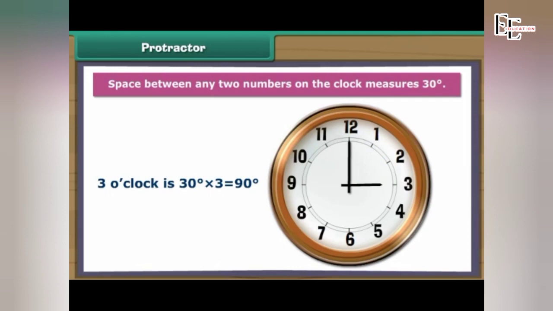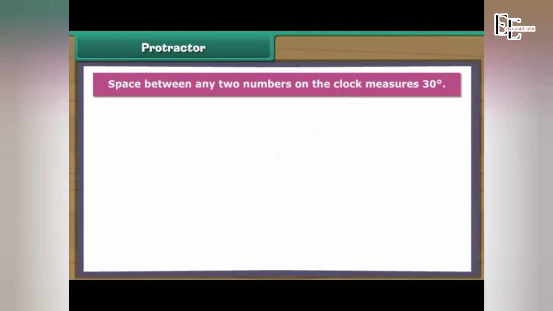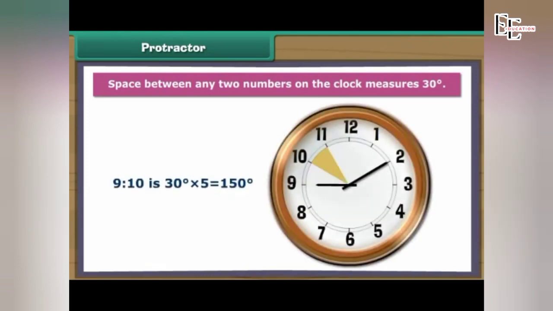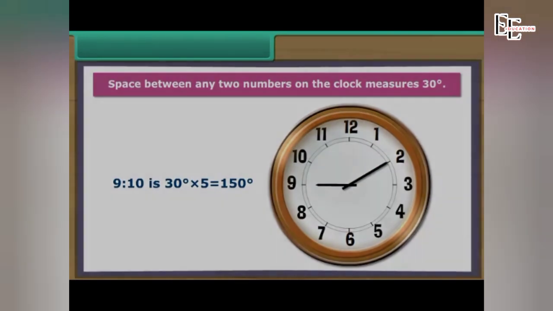By this logic, we can measure 3 o'clock as 30 degrees multiplied by 3 is equal to 90 degrees, 20 past 6 as 30 degrees into 2 is equal to 60 degrees, and 10 past 9 as 30 degrees multiplied by 5 is equal to 150 degrees.